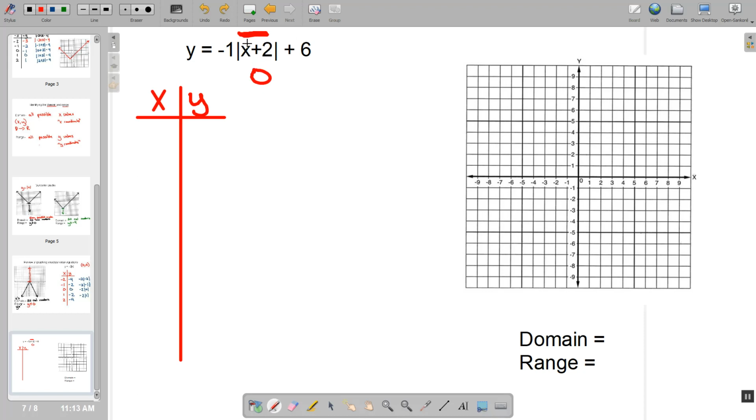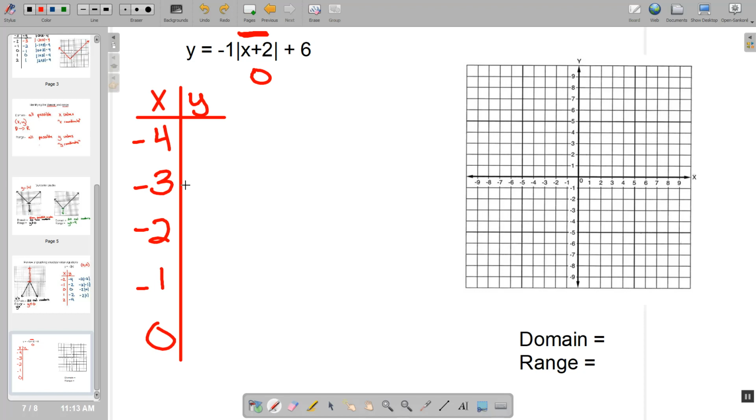So x would have to be -2 to make this value a 0 inside of here. So I'm going to guess that my x value in the middle of my table should be -2. To see if that worked, I still have to make out the whole table, though. So that's what I'm going to do.